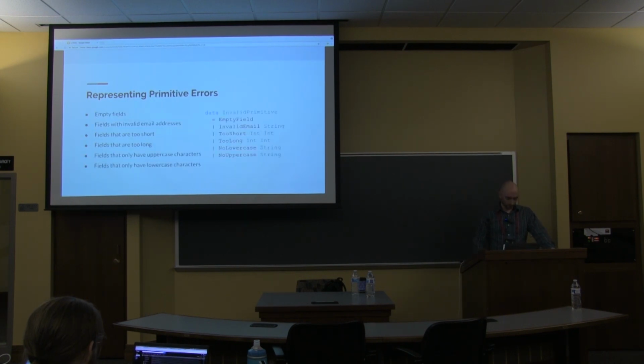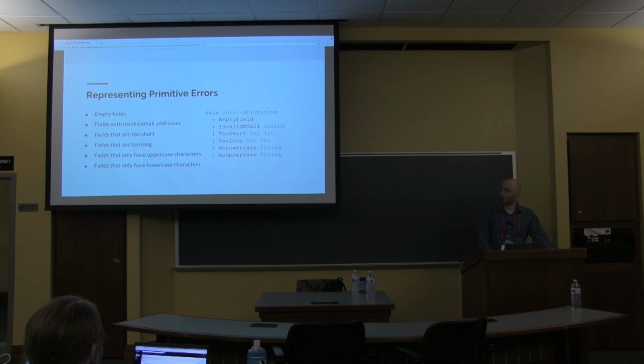So we want to represent primitive errors for this form. We've got the plain English concept of how our errors should be represented on the left-hand side in bullets. And the nice thing about what we can do with a strongly typed language is pretty much mechanically translate that list from the left to a sum type on the right that's going to be sort of tagging these errors with types.